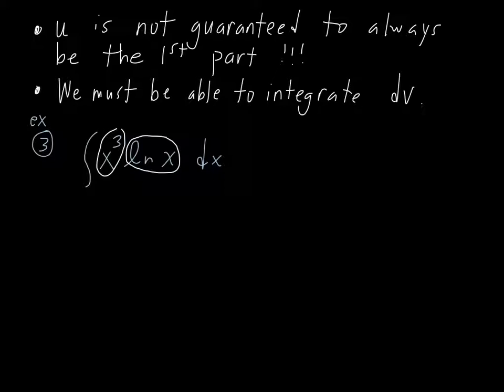So what I'm saying is we want to call this part u. So we want to let u be ln of x and let our dv, that part, be x cubed dx. Again, the reason is it's going to be much easier to find our derivative here.